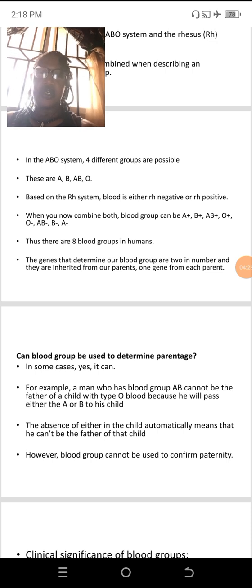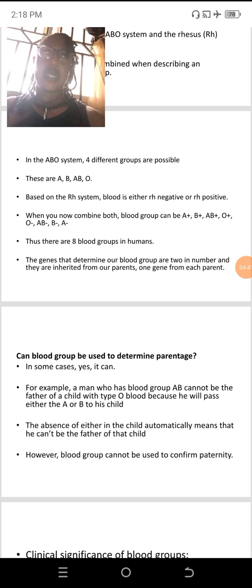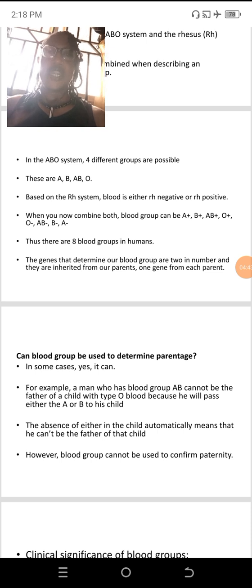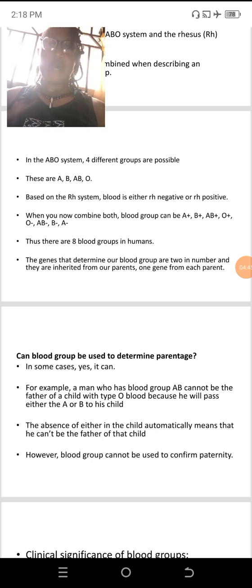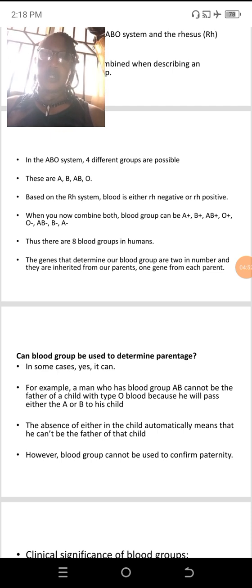Can blood group be used to determine parentage? In some cases, yes, it can. You have instances where people will come and say, I'm the father of this baby, but I'm not the father. But I want you to take my blood, check my blood, and check the baby's blood to confirm if I'm really the father.